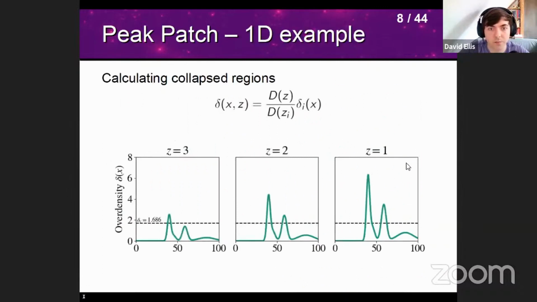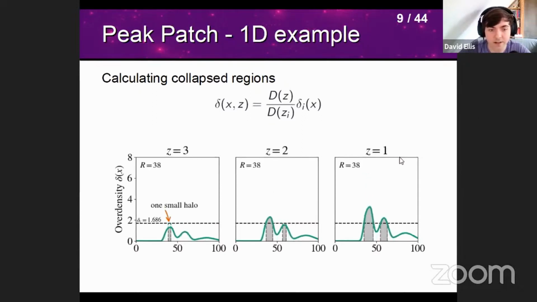Okay, so how does peak patch actually work? We need to linearly evolve our density field, which essentially amounts to multiplying by the growth factor. And then we have to smooth on a variety of scales. If any cells are overdense on any of these scales, then it's considered to be part of the overdensity. So I have an animation here.